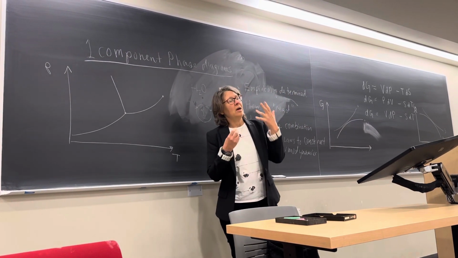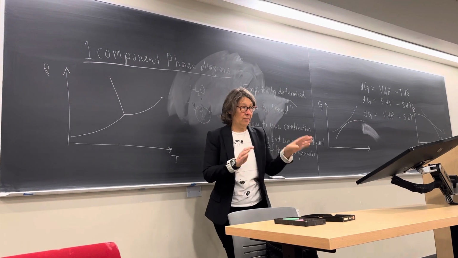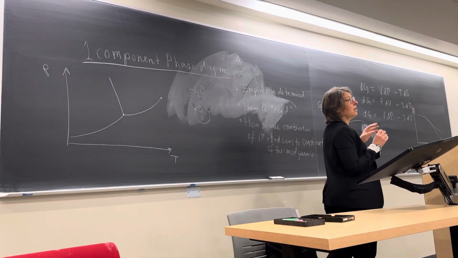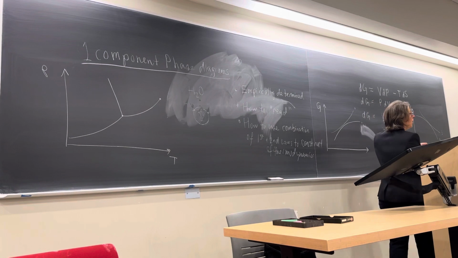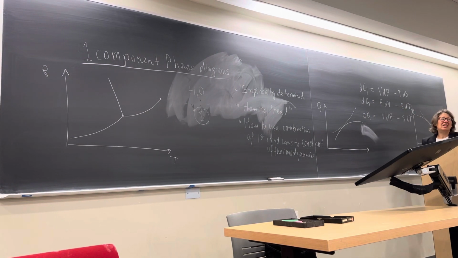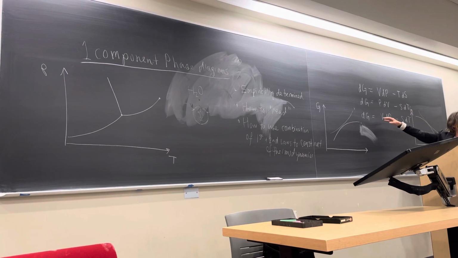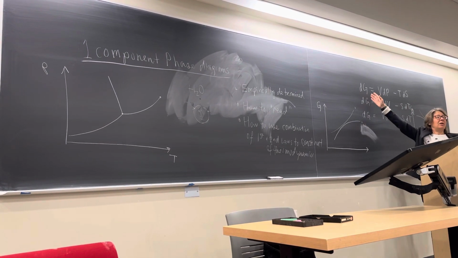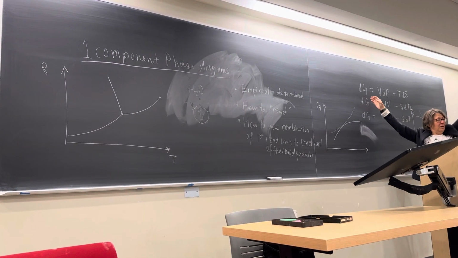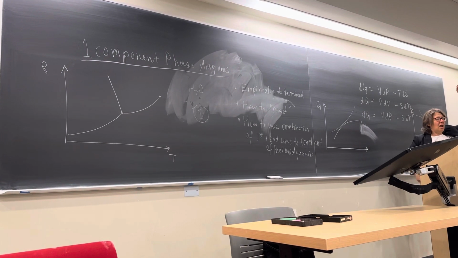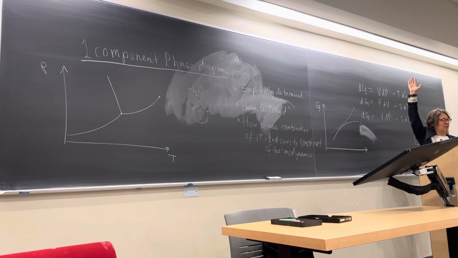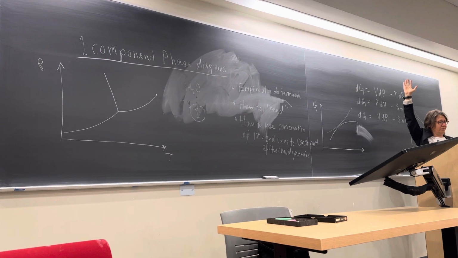Okay? So, we need in our pocket a combined statement of the first and second laws of thermodynamics, which is a statement of the free energy. And so I have Gibbs free energy. So who's seen an equation for Gibbs free energy in a one-component system? Who's still kind of working through what their understanding is of Gibbs free energy in a one-component system?